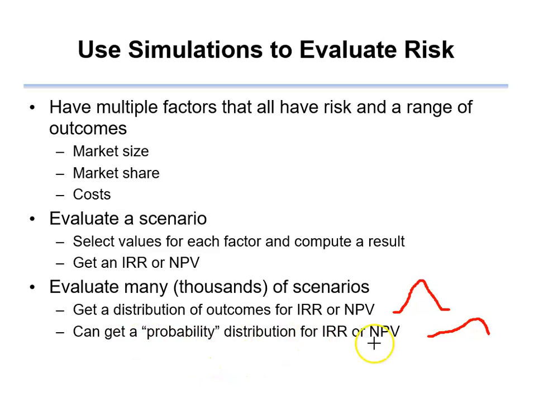We get a probability distribution for our internal rate of return. And we can use that in evaluating the risk relative to the return of a project. So we might get a distribution that looks like this. This is what we will use as our net present value, knowing that this is our risk.